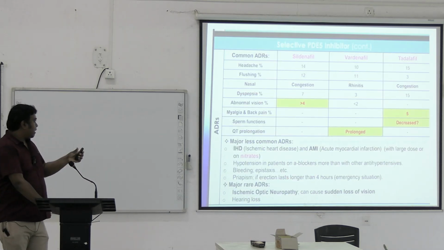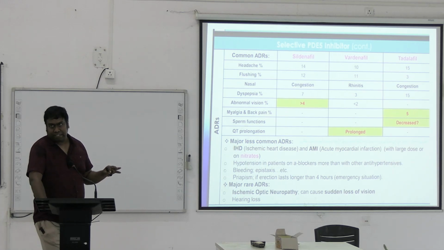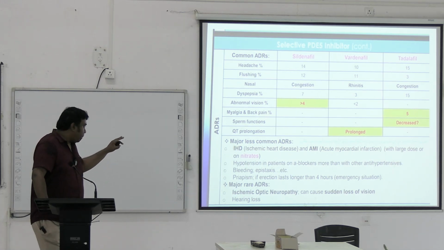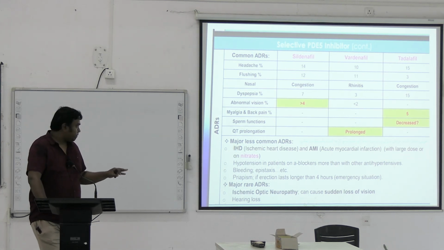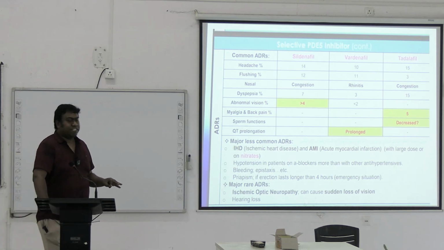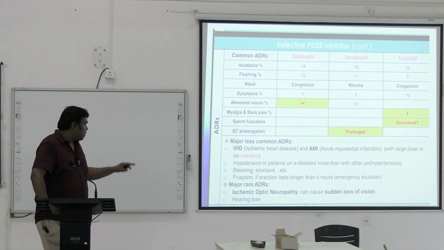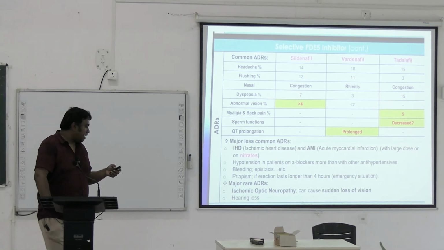Next, where it should not be used: it should not be used if the patient has ischemic heart disease, if the patient is already on antihypertensives like alpha blockers, or if the patient has bleeding or epistaxis. The major ADR is ischemic optic neuropathy, sudden loss of vision.